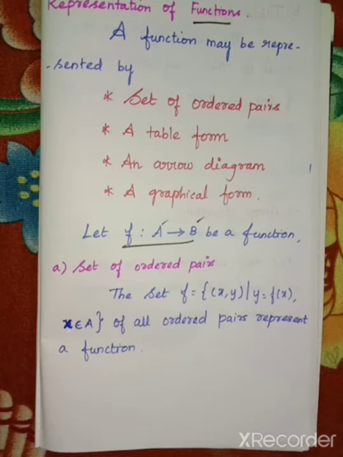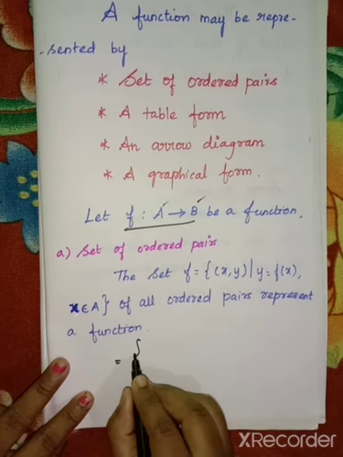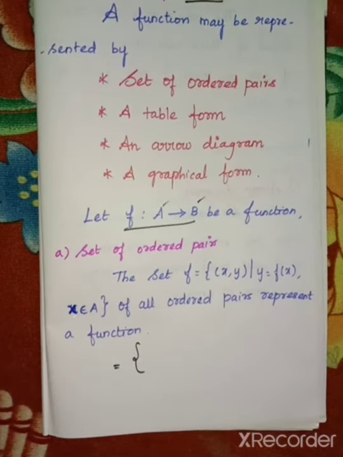This word we have already learned, that is Cartesian product. So we know that the set of ordered pairs is another name for the Cartesian product. Here, how to write it: we know that it is a set, so first of all you have to write it in set brackets. Before that, in the question they don't give it straightforwardly; they give a condition, that is f of x equal to x plus 3, like that.